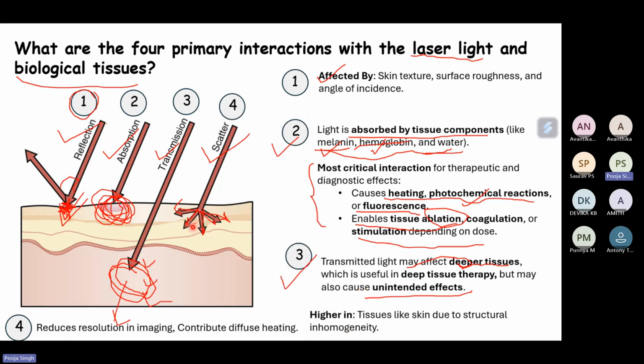If you have structural inhomogeneity, then the scattering event occurs, and it also reduces the resolution in imaging and contributes diffuse heating. If it is diverting, then what it causes is basically diffuse heating. Okay, so these are the initial processes when the laser is interacting with your tissue.